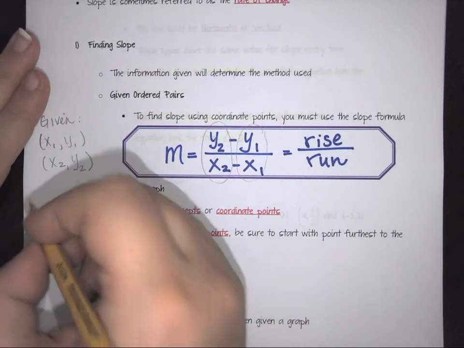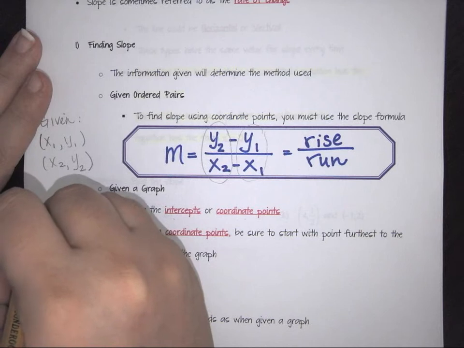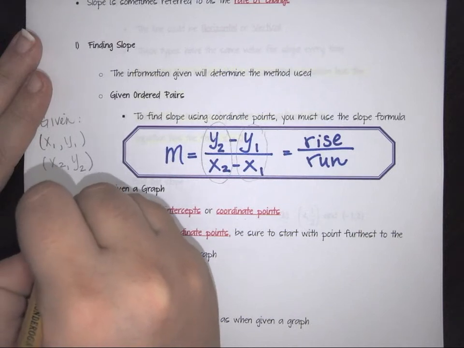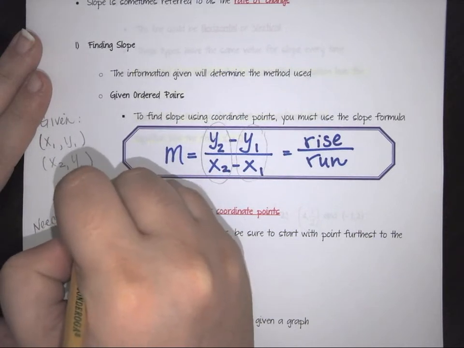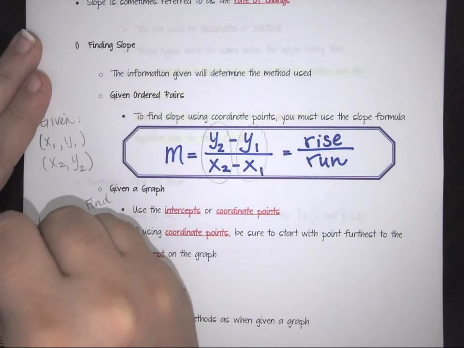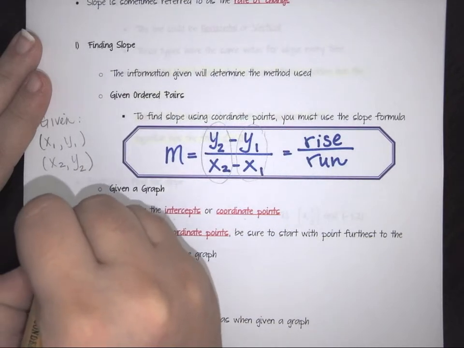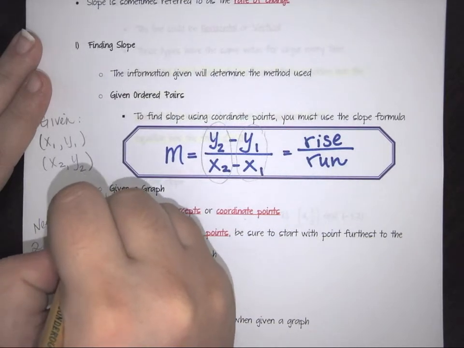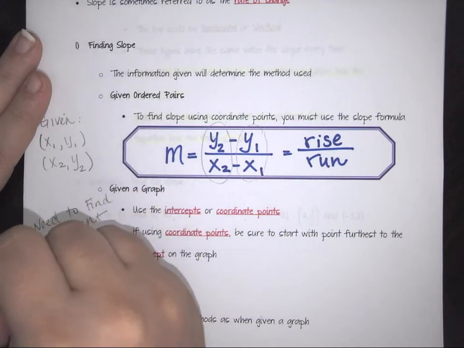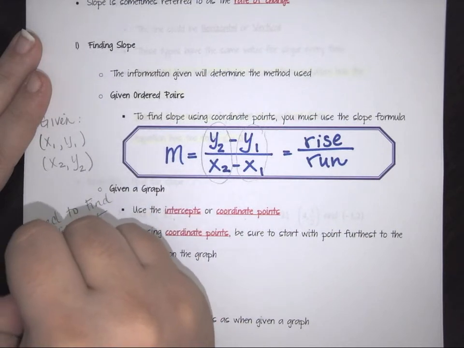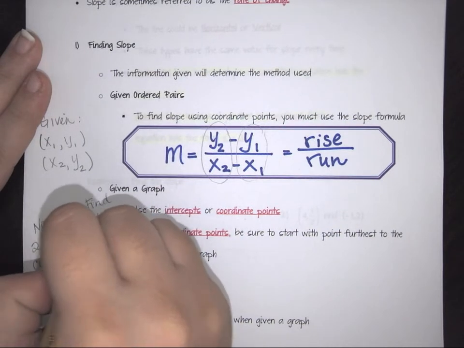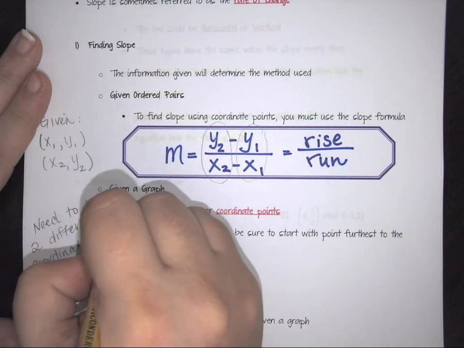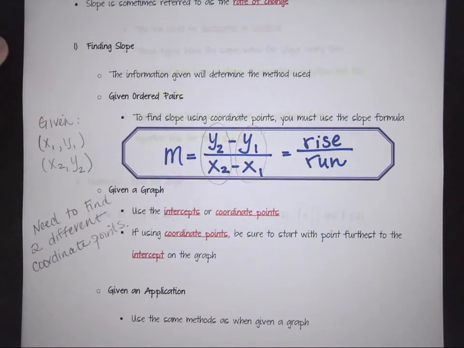So in terms of a graph, you need to find 2 different coordinate points. Then you can go ahead and use your slope formula.